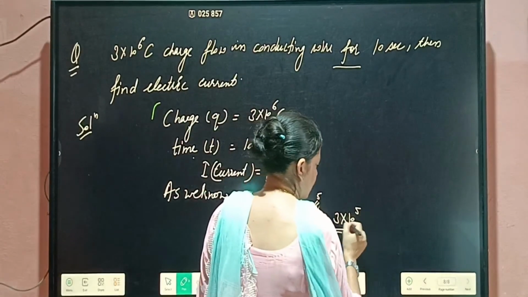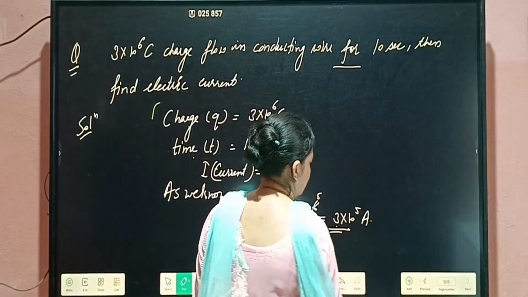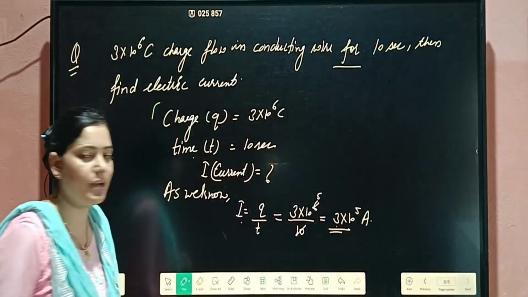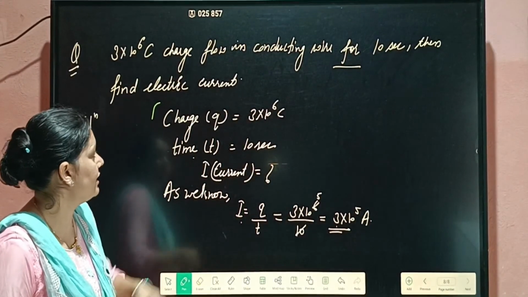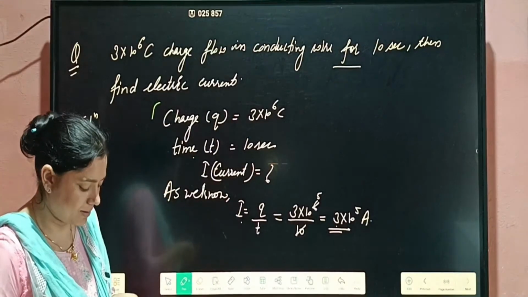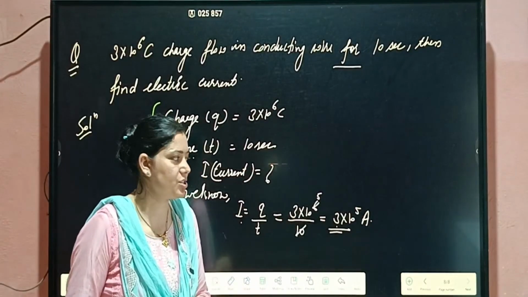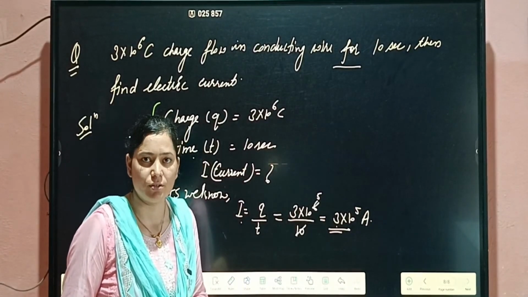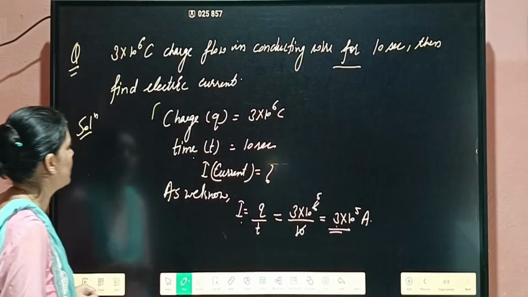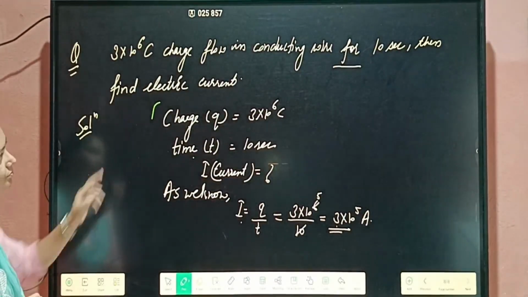Ampere. Okay, this is the current that will flow through the conductor. अगर ये चार्ज अवेलेबल है, ये टाइम अवेलेबल है 10 सेकंड के लिए, तो हमारे पास करंट क्या आ जाएगा? 3 into 10 raised to power 5 एम्पियर. ओके, सो दिस वन इज अ टोटल करंट फ्लो थ्रू दिस सर्किट.